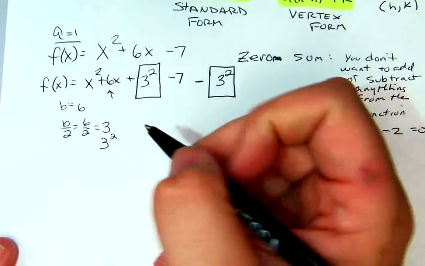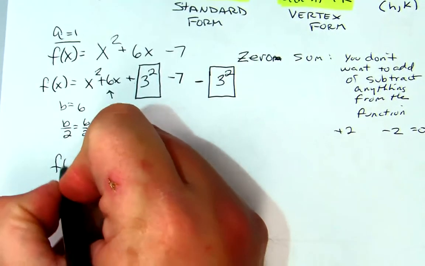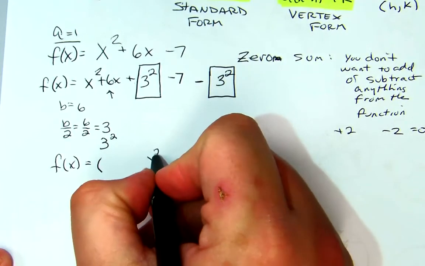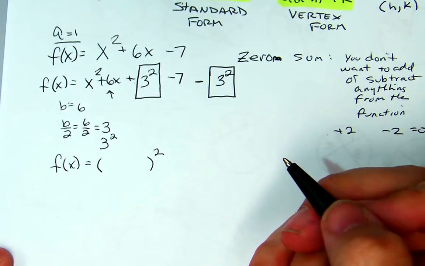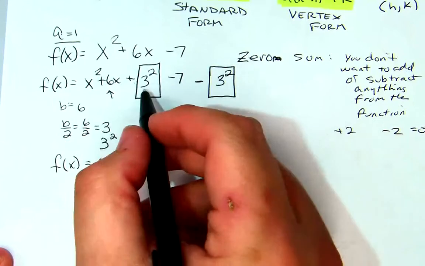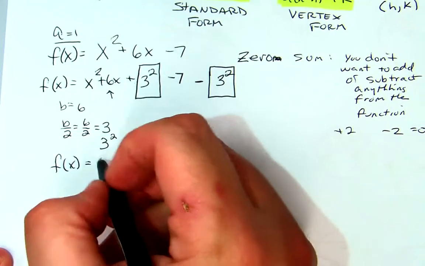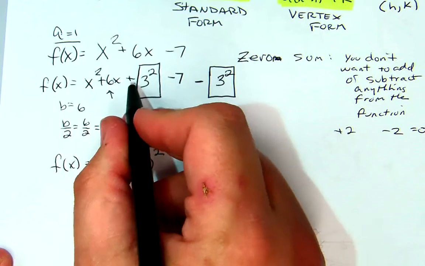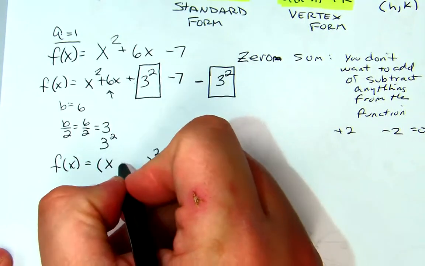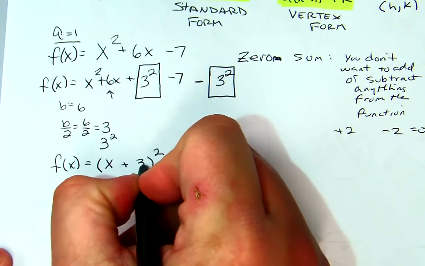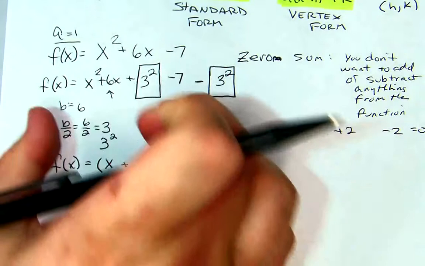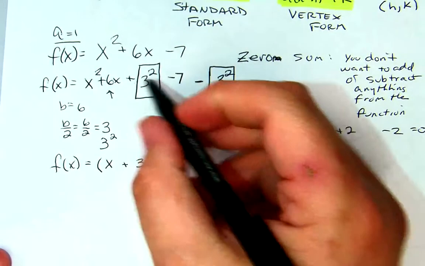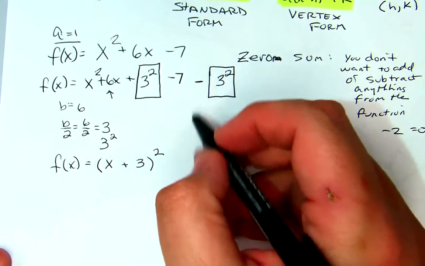Now from this, f of x is going to be equal to a binomial squared, one of the special binomials. We're going to take an x from the x squared, and since there's a plus, I'm going to take plus 3. And the first part, the x squared plus 6x plus 9, is actually (x plus 3) quantity squared.